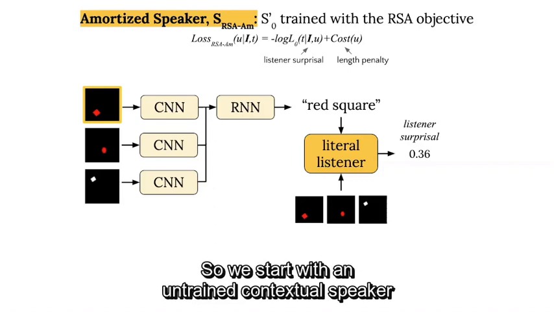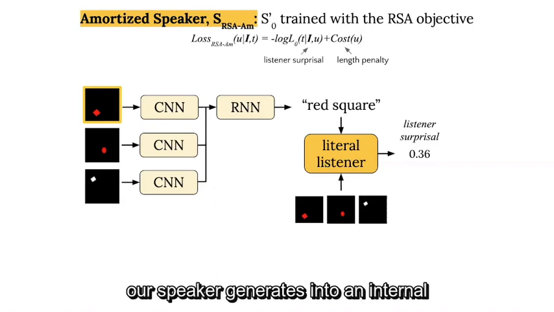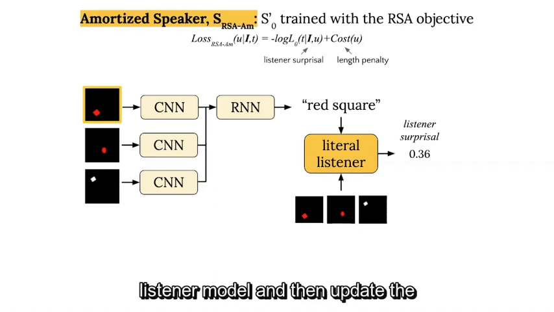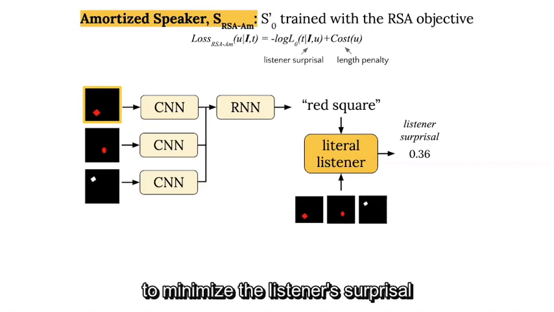So we start with an untrained contextual speaker, and during training, feed the utterances our speaker generates into an internal listener model, and then update the speaker parameters by backpropagating to minimize the listener's surprisal and the cost of the utterance.